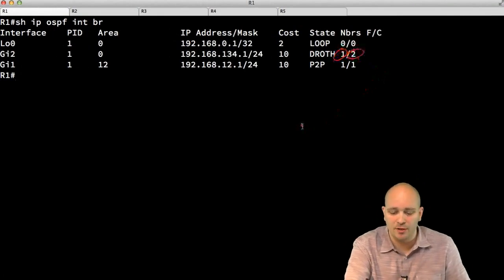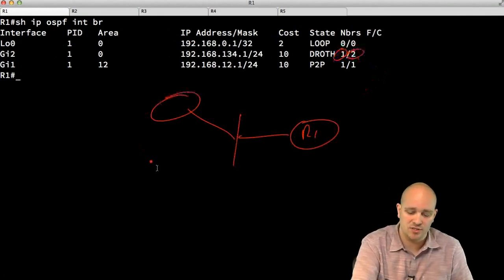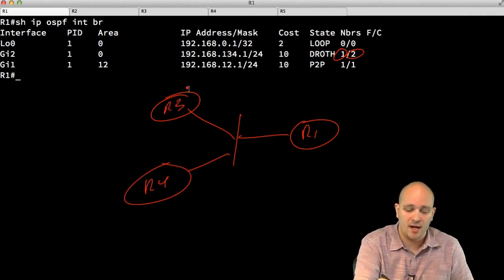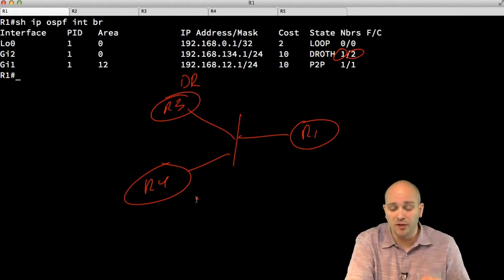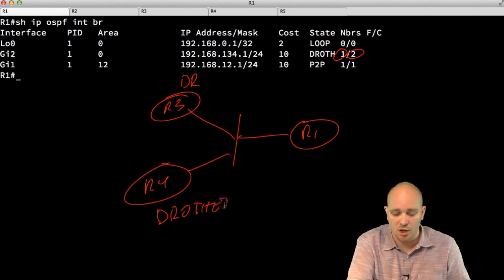Now this is okay, because remember this is R1, and here we have the connections with R3 and R4, and R3 here is configured as the DR, and we have explicitly configured no BDR. So R4 will be DR other, and R1 will be DR other on this segment, which means that there will be no adjacency between them.